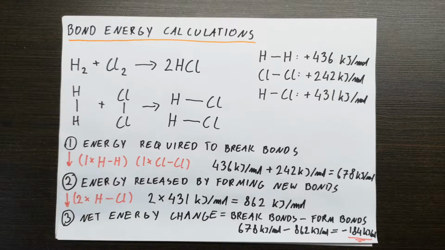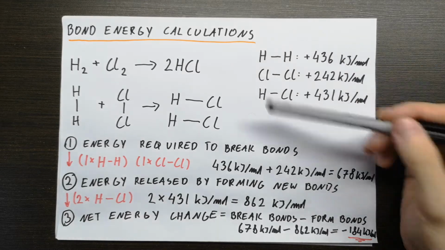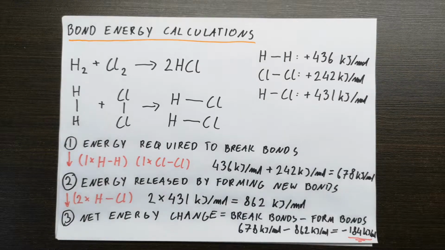Now, each and every single bond that you will come across will have energy contained. As we discussed, bonds contain energy within themselves. As you can see right here, each bond type will have a specific energy amount contained.